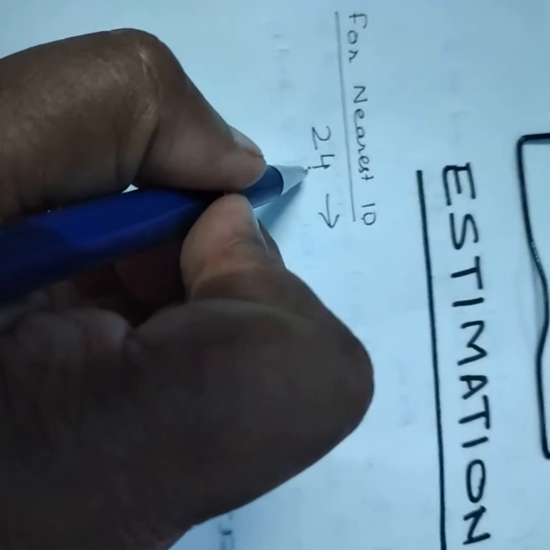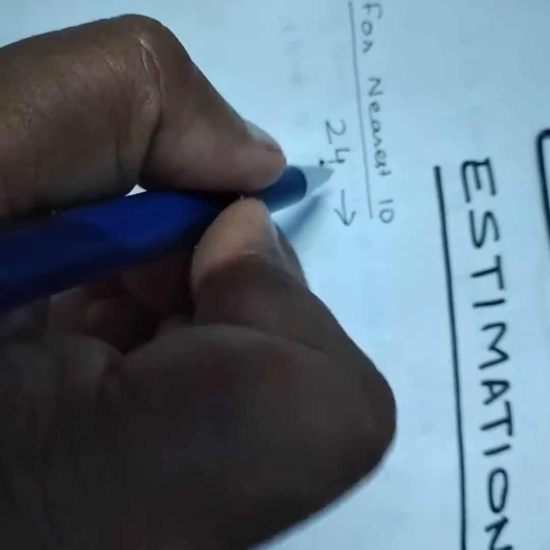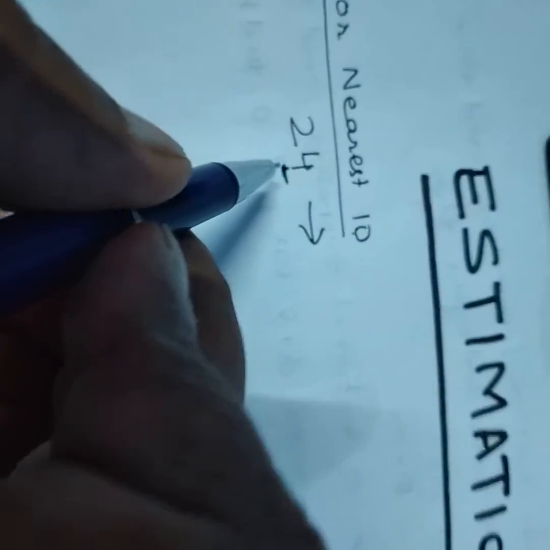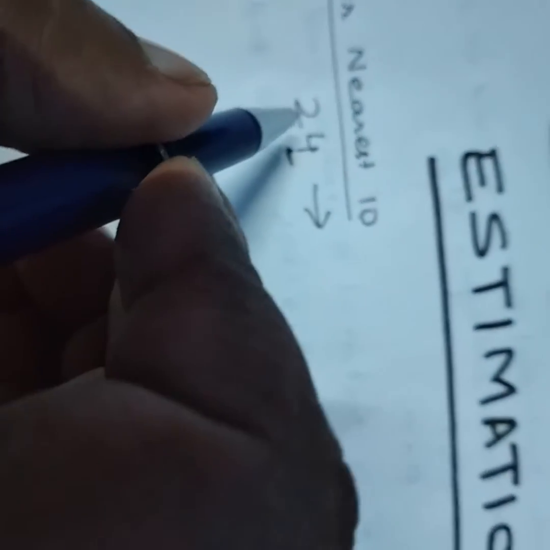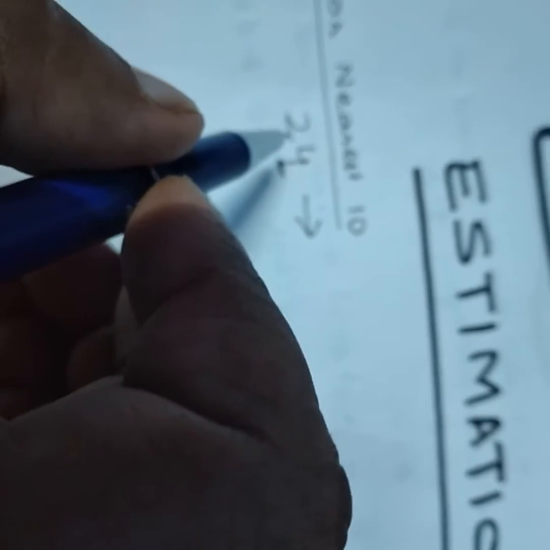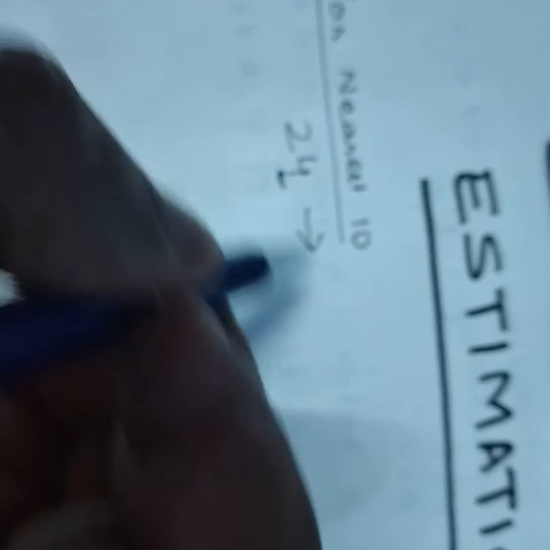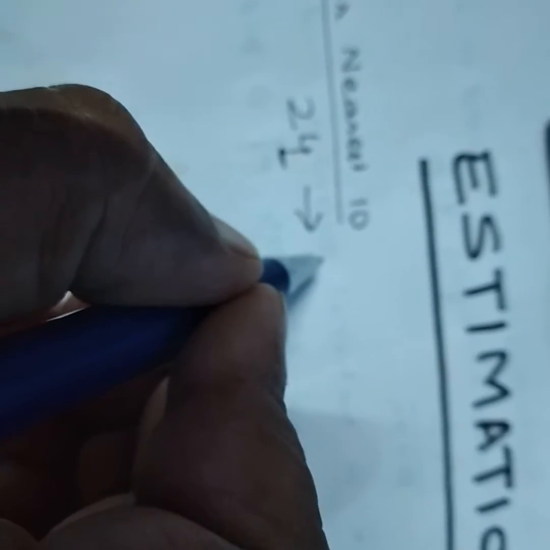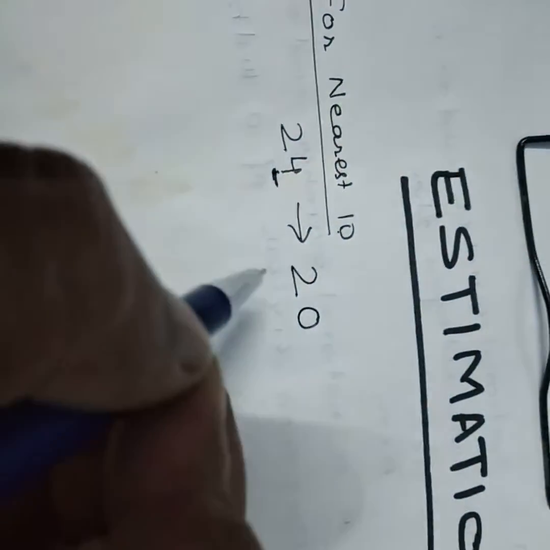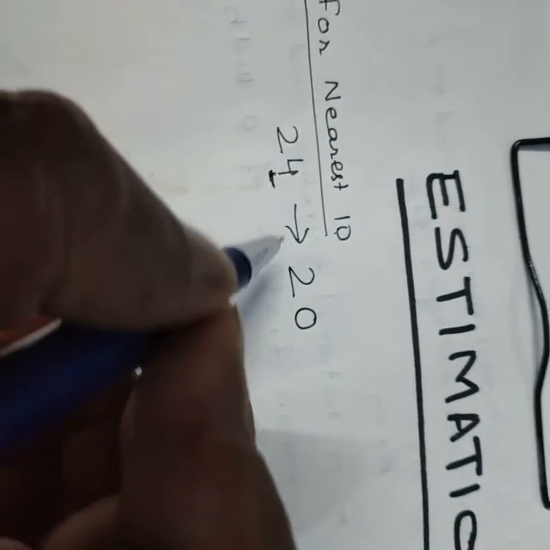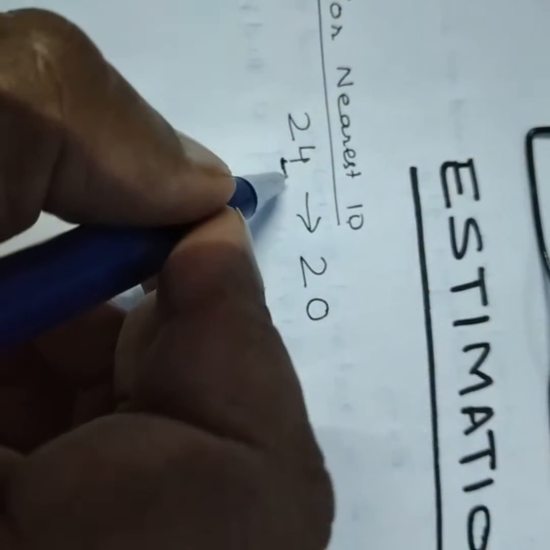If the ones place is 5 or greater than 5, then we increase the tens place, but the ones place we take as 0. So, 2 and 0. This one is the answer for 24.